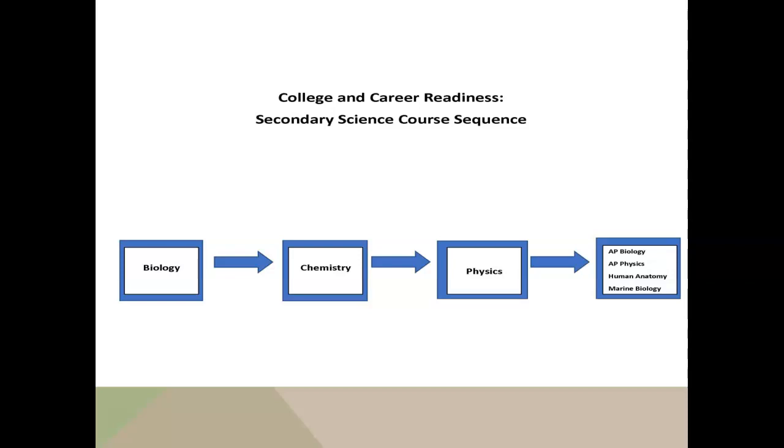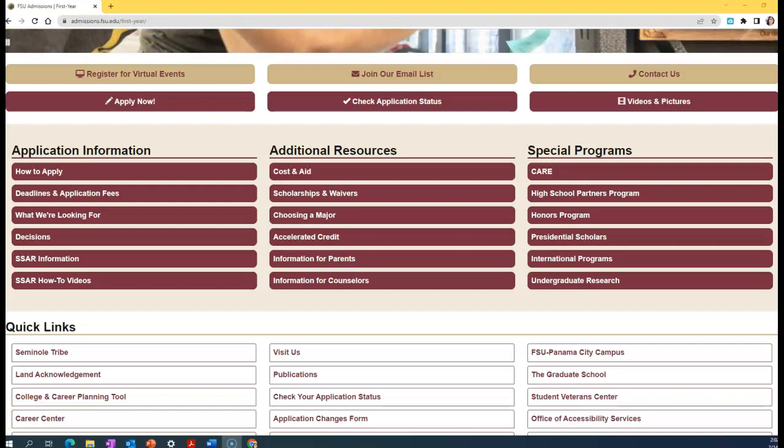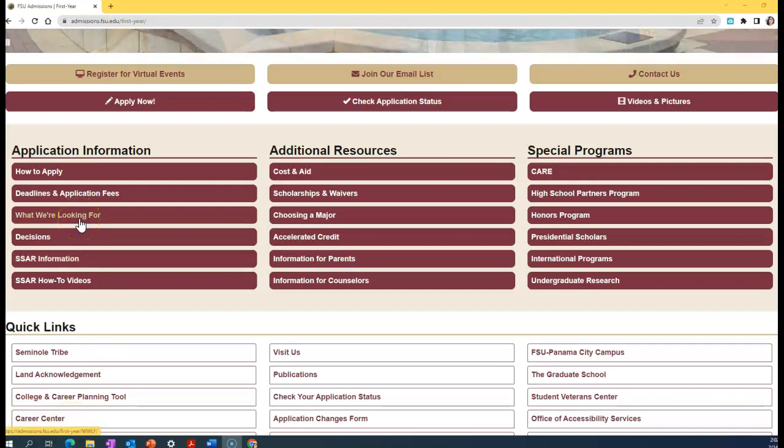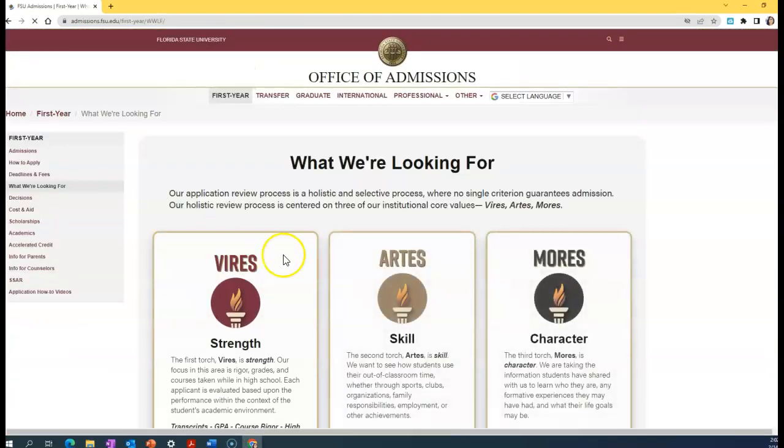Students can start researching colleges that they are interested in applying to and should begin searching high school courses that will allow them to become competitive applicants for that university. Students can begin exploring different college websites. One of the ones I always use is FSU, Florida State University in Florida. They have a link that's called What We're Looking For under admissions.